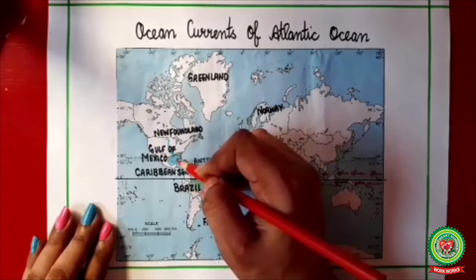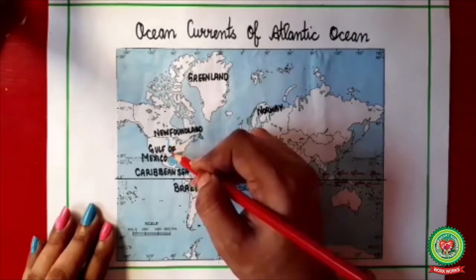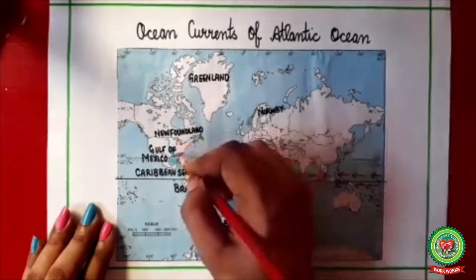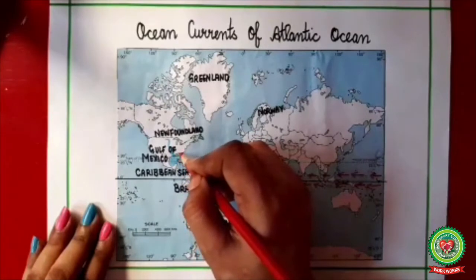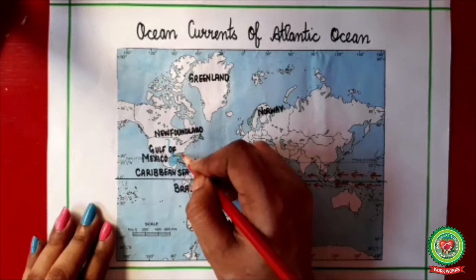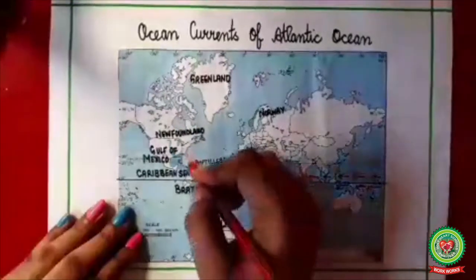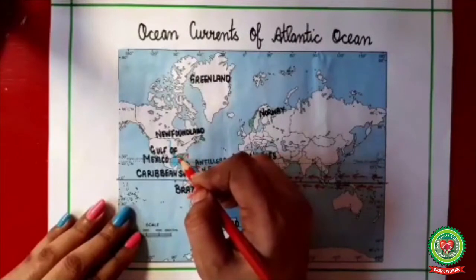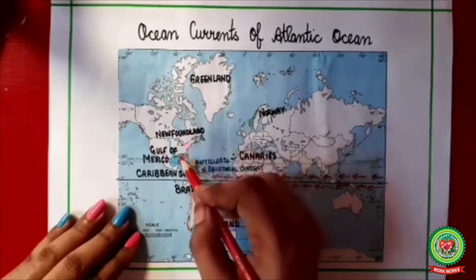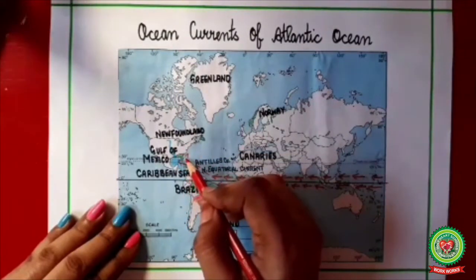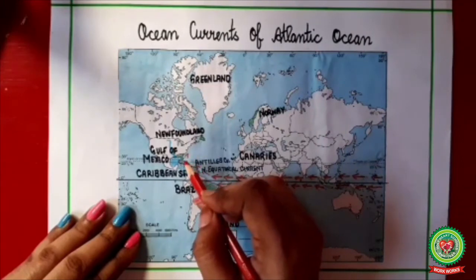So here the current merges with the water of river Mississippi, and this is the part of USA which is called the Florida Gulf. This is Cape Florida, which I have shown in green color. Here the current is named the Florida current.